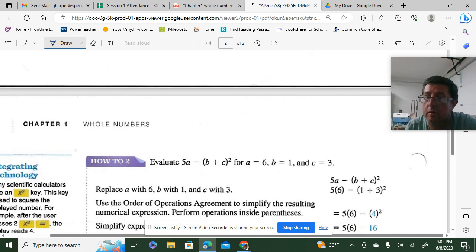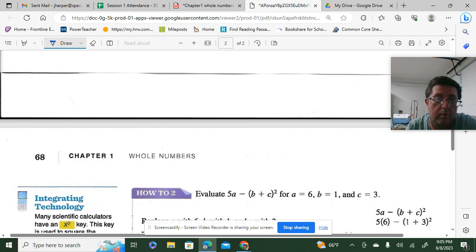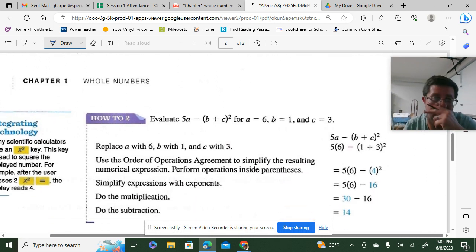Okay, so we are on 68 right now, which actually we do have on the other page. So evaluate 5a minus b plus c, quantity squared, where a equals 6, b equals 1, and c equals 3.